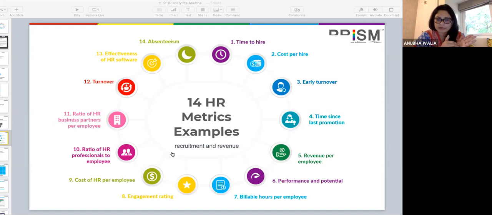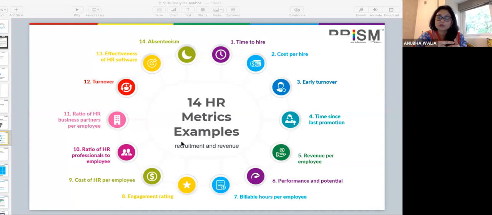So an important metric for recruitment is the time to hire. This is the number of days between the date the position has opened up and the time the candidate has signed the contract. It's an excellent way to measure the efficiency of the recruitment process, and it can provide you insight into the difficulty of filling a certain position.